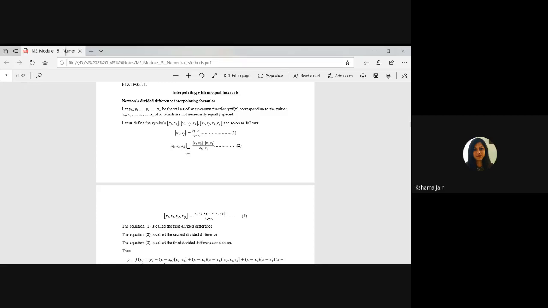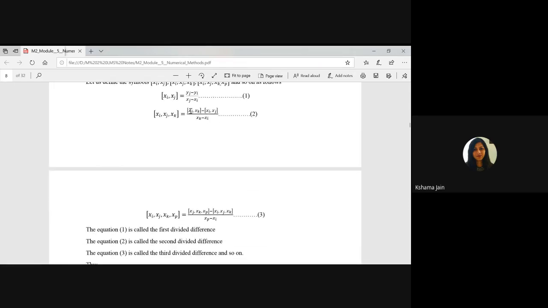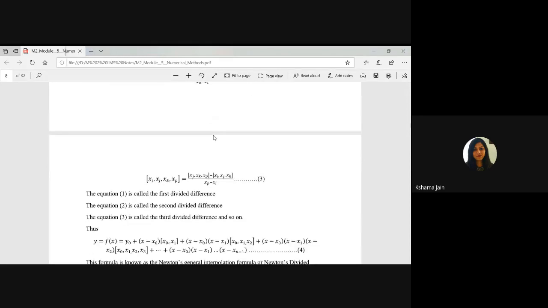So second minus first, meaning [xj, xk] minus [xi, xj], divided by last minus first, so xk minus xi. You just remember this. Very important. Here y is not there, only x's are there.